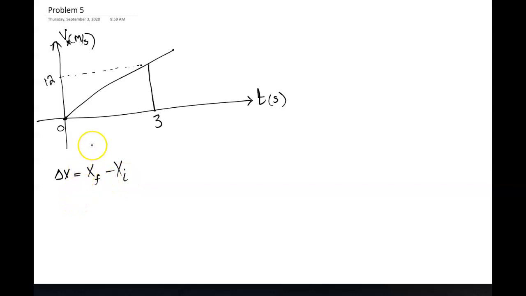Now, because the line that we have creates a shape that is easy to find the area of, instead of doing an integral, we can find the displacement by finding the area under the v versus t line, which is actually delta x.